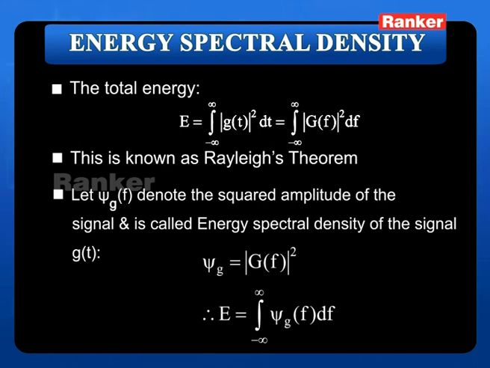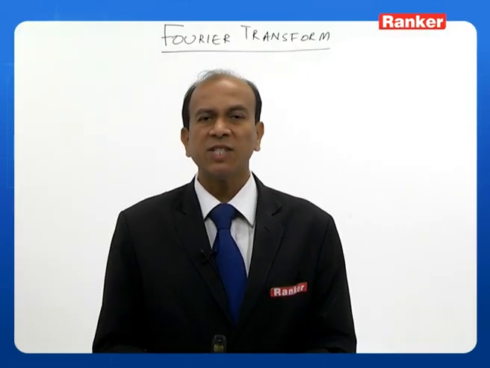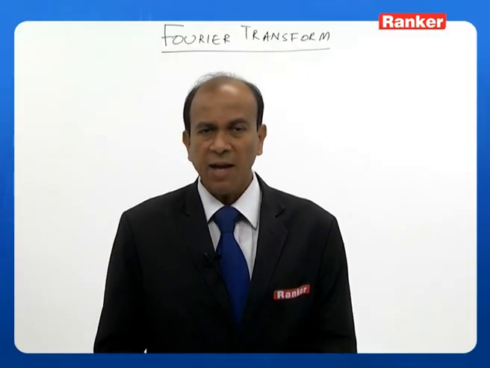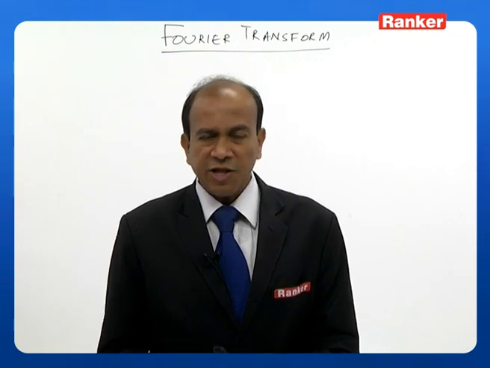Therefore, the energy can be written in terms of energy spectral density. Therefore, energy is equal to, now what? Integral from minus infinity to plus infinity psi g of f df. But what is psi g of f? Psi g of f, as we all know, we have defined as equal to mod G of f whole square. So this psi g of f is called the energy spectral density.